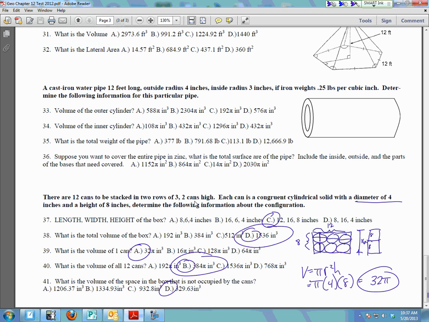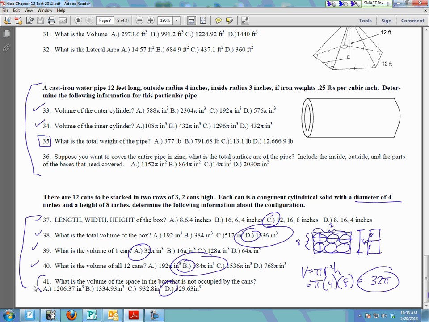Each question on here is worth 2 points. Hopefully you understood why I gave it in this format. Questions 33, 34 walk you through the steps to help you answer the ultimate question of 35. Down here, 37 through 41. 37, 38, 39, 40, those 4 questions help you answer the ultimate question of 41.